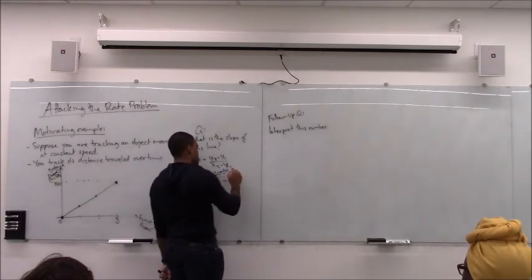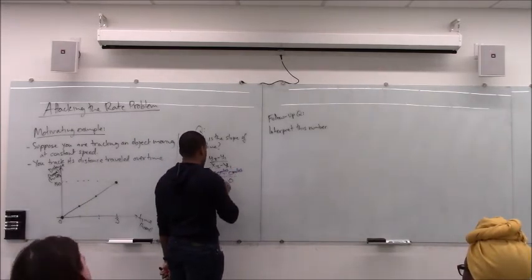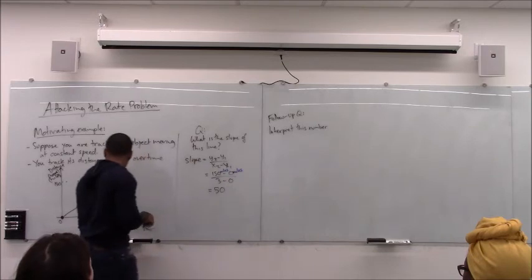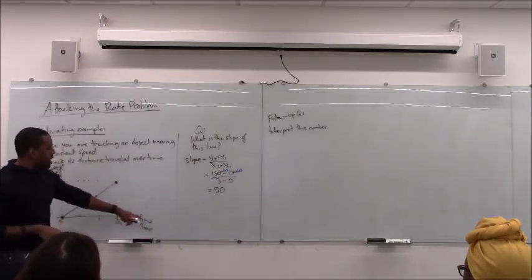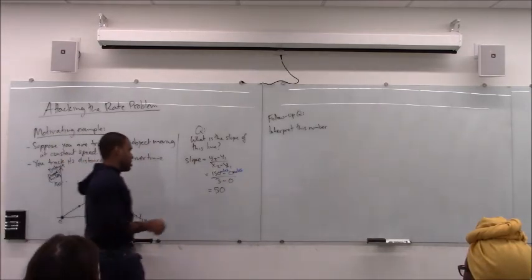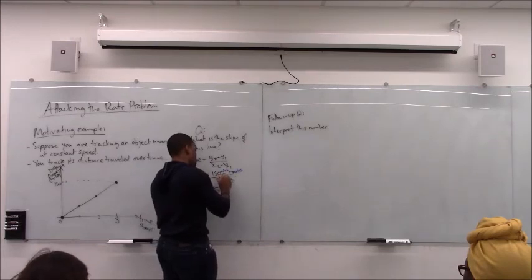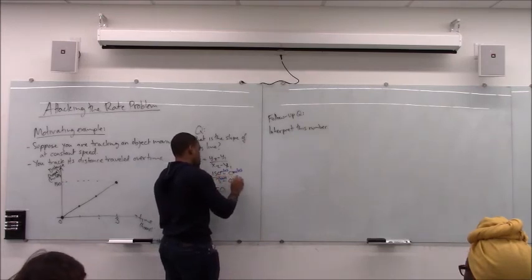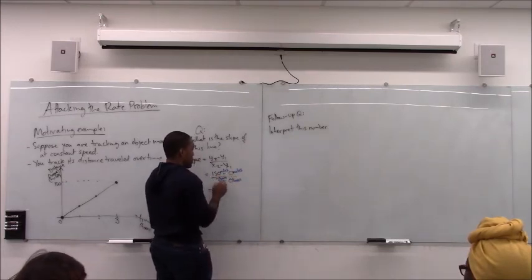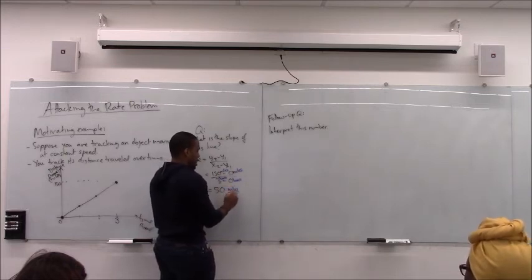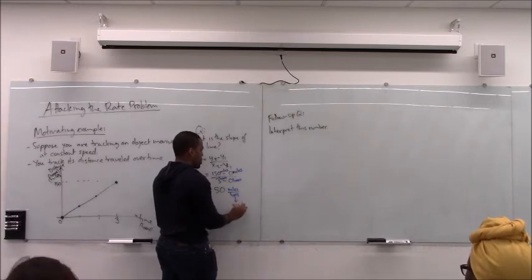So this here is 0 miles. And the 3 here is not just some random 3, it's actually measuring time in hours. So this here is saying 3 hours, and this here is saying 0 hours. So in other words, the units here are miles divided by hours. In other words, miles per hour.